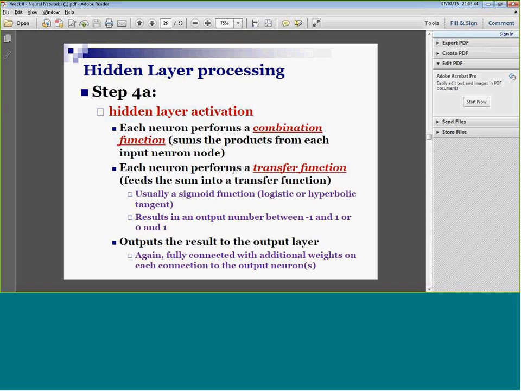You can do other things, but summing is the norm. And then it's going to run them through what we call a transfer function, sometimes called an activation function. Now why do we do that? Well, the transfer function will renormalize or squash, we call it squashing, the numbers back down to something between -1 and +1. Let's see how that works in a second. And then they're going to send it up to the next layer.